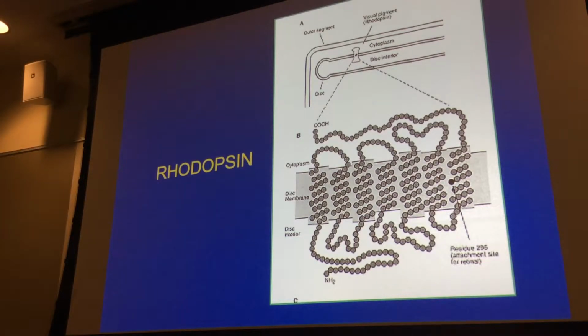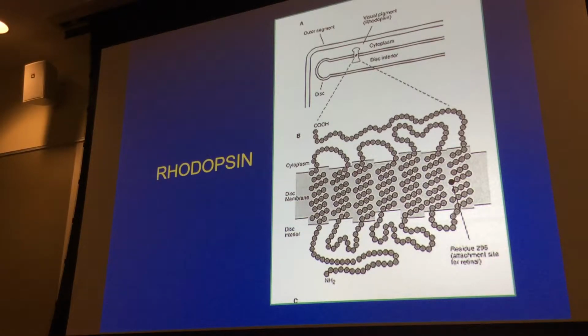So you're talking about leucine, isoleucine, phenylalanine, tryptophan, but you won't see glutamate, aspartate, lysine, things like this. What people have learned from this is that these are transmembrane segments, 20 to 25 uncharged amino acids that sit in the membrane and allow the protein to locate itself within the lipid bilayer.